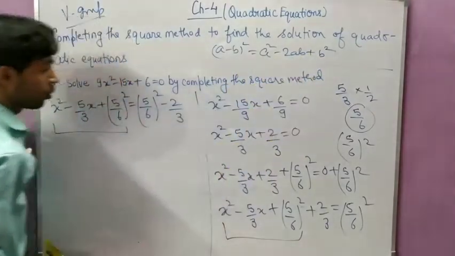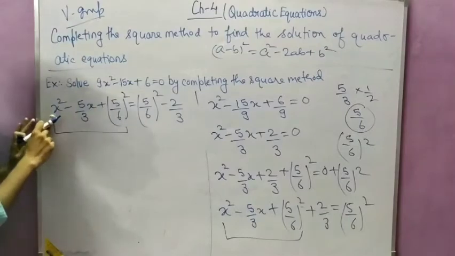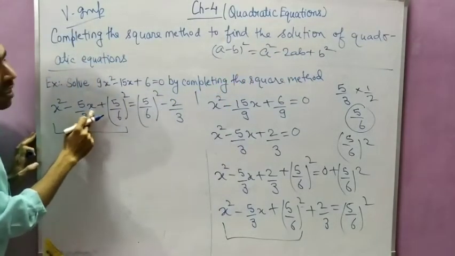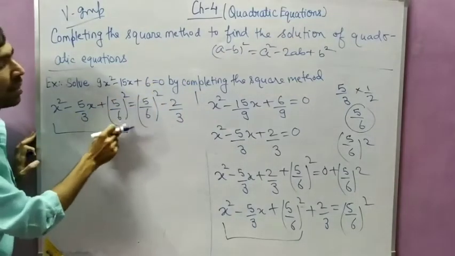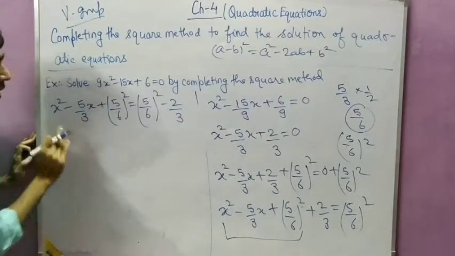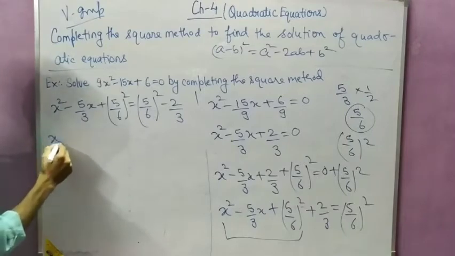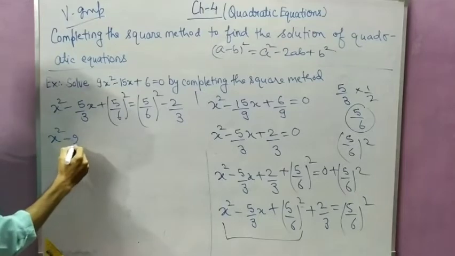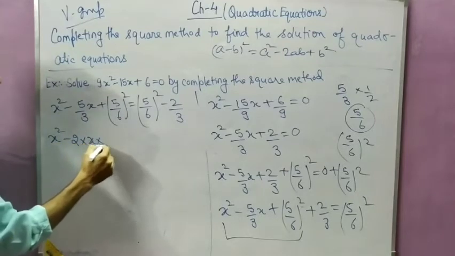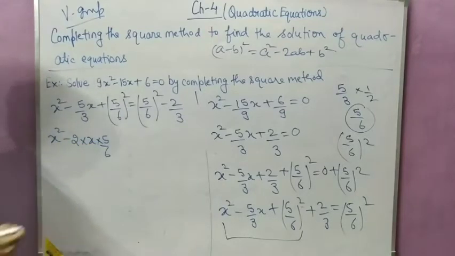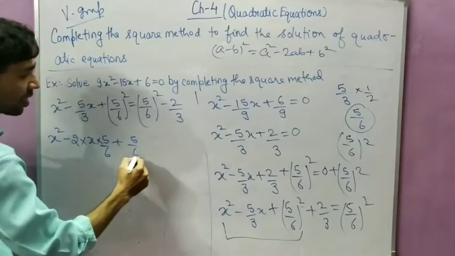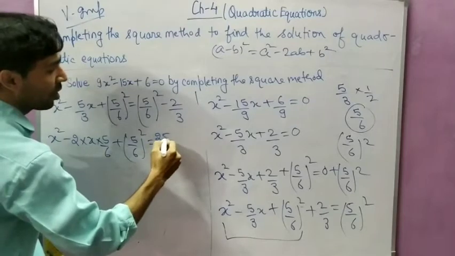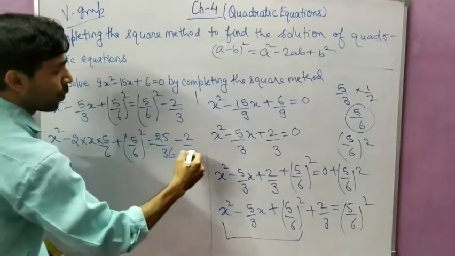In place of a, x is there, in place of 2ab, minus 5 by 3x is there, and in place of b square, 5 by 6 whole square. So I can write this as x square minus 2 into x into 5 by 6 plus 5 by 6 whole square, and on this side I can solve it to 25 by 36 minus 2 by 3.